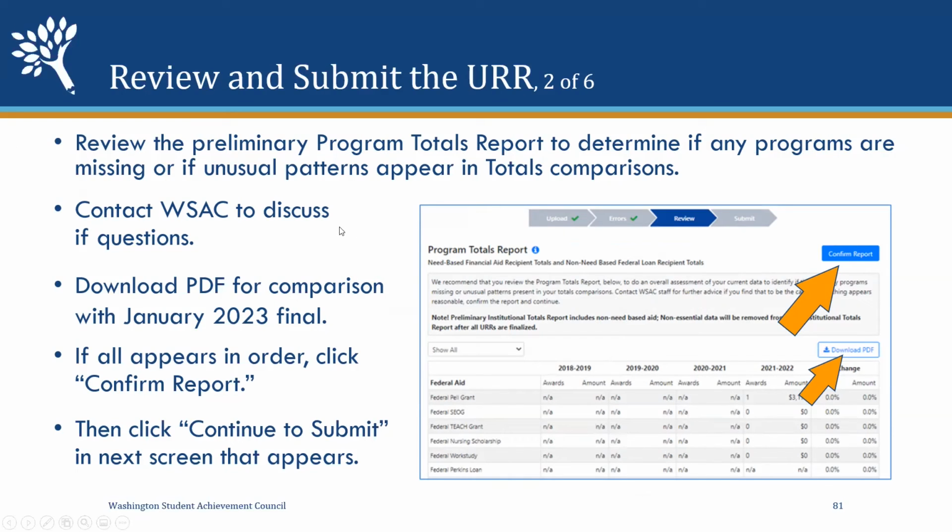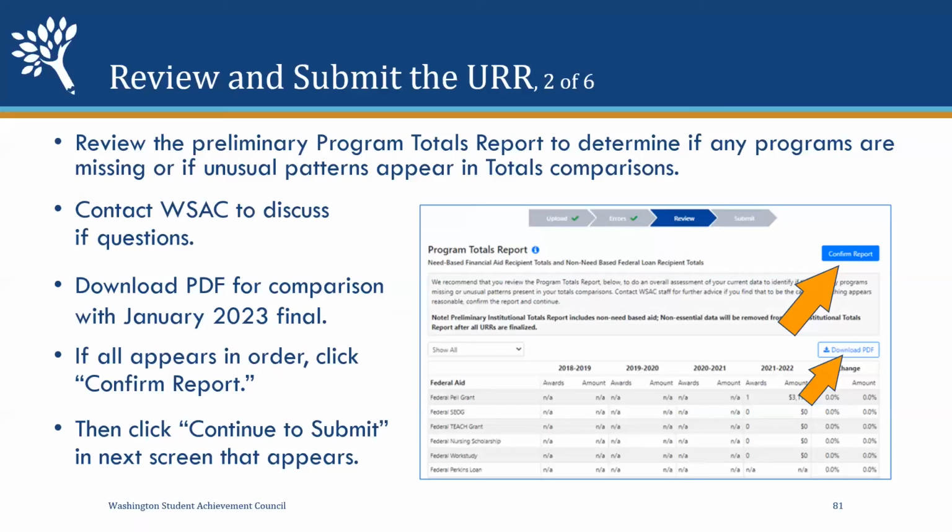But please review. If you find any surprises that you're not expecting in terms of percentage changes between the last 2 years, you may want to go back into your student records to make adjustments, or you may want to make a note if you understand what the cause of that is, so that that provides us with that information up front when we're reviewing your unit record, because those questions will come up to us as well if we find large differences in the percentage from one year to the next.